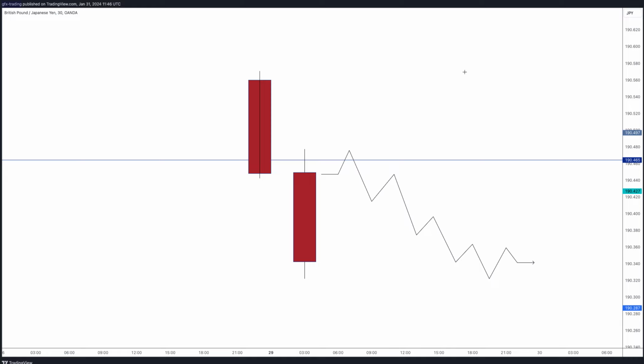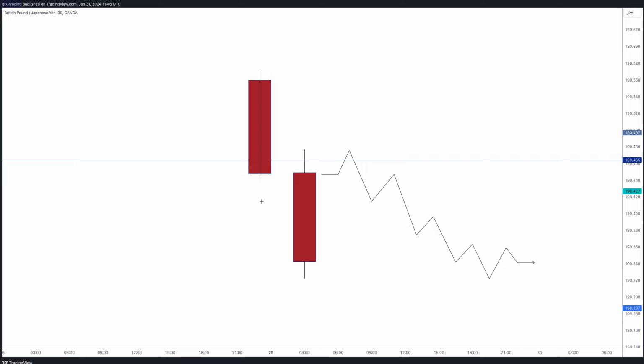So what we need to do is learn what's going on inside that 4-hour candle, and how we are going to get involved with that big bearish push to the downside once the level is broken. It's very, very simple.